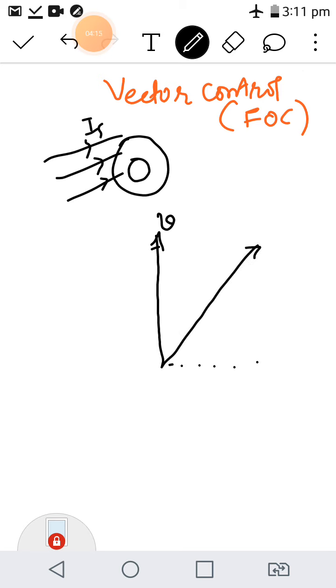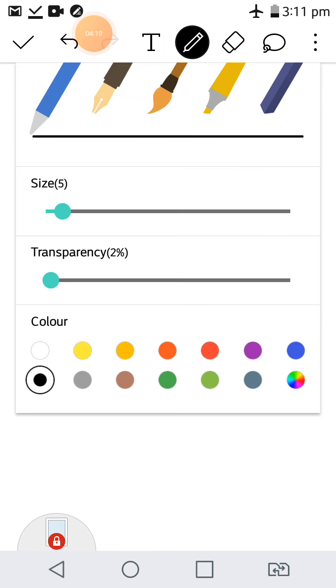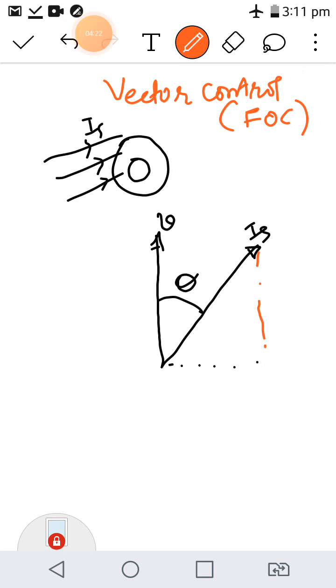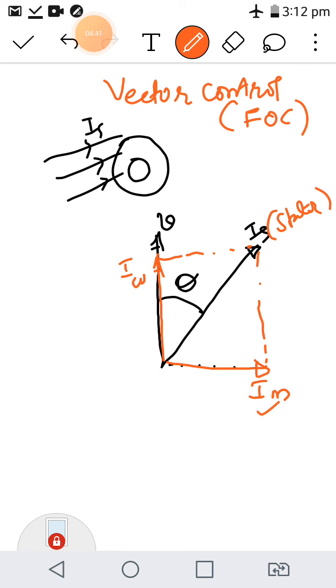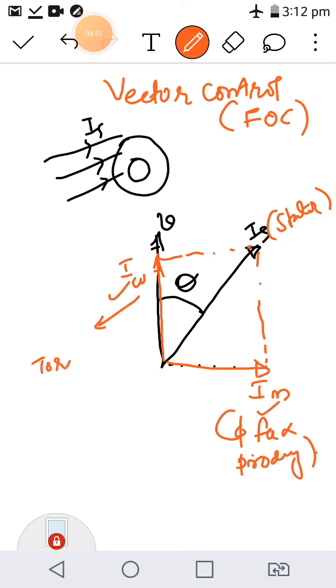If I can resolve this IS into two components, one along this direction, let me call it IM, and one along this component, let me call IW, and control IM and IW independently, then IM is the flux producing component and IW is the torque producing component of IS.